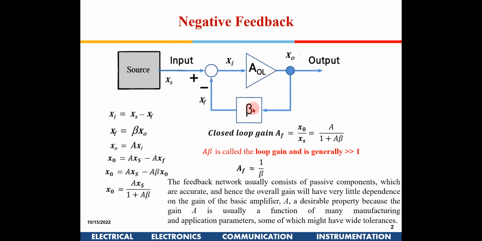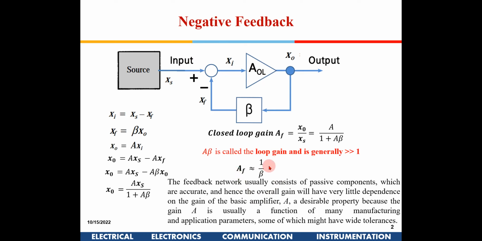Whereas the beta network can be from passive networks. You can just put two resistances and make a potential divider. So this is more stable. The gain is much more stable as compared to AOL for a wide range of input signals. That is what we achieve by doing negative feedback.